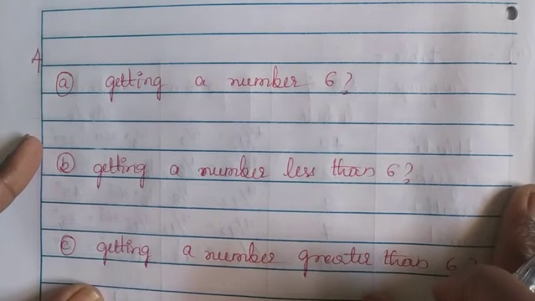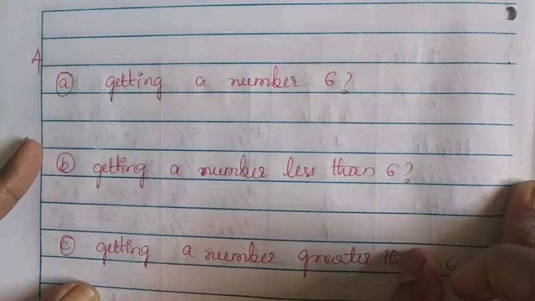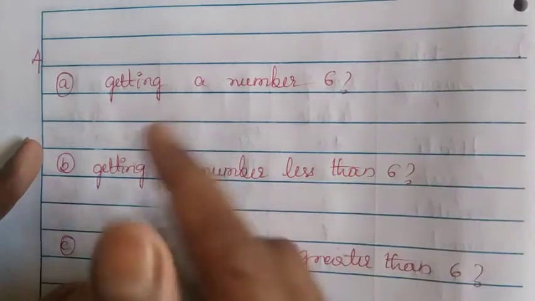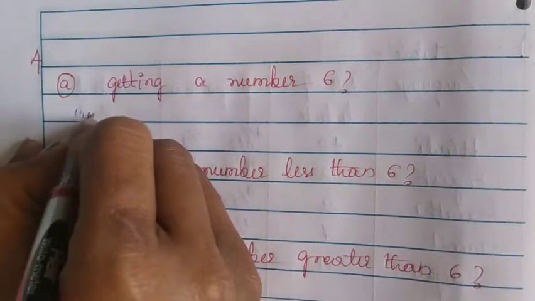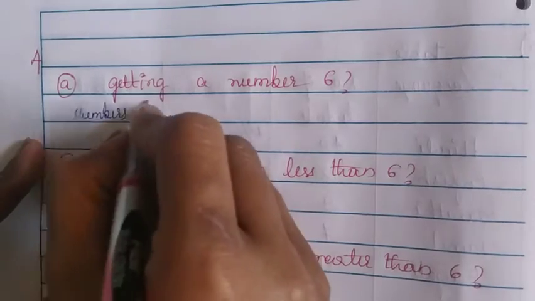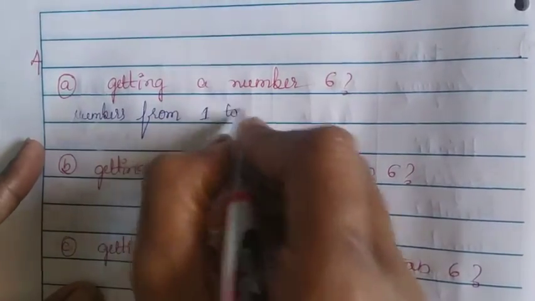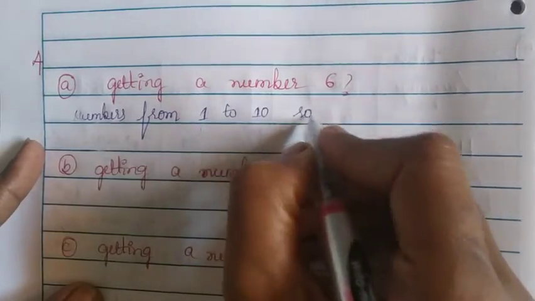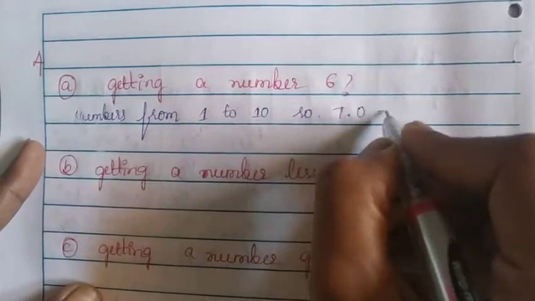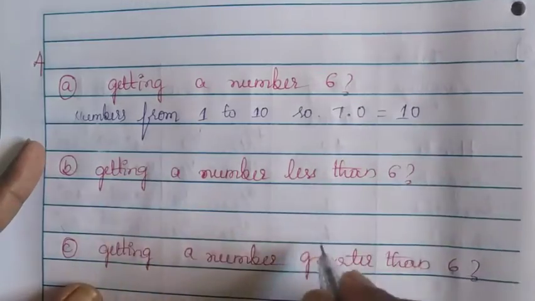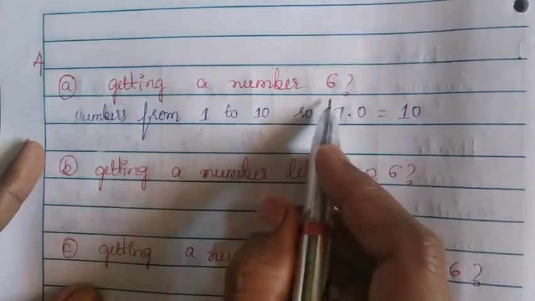Yes, solution for that question: now let us write first, numbers from 1 to 10. So total outcomes are how much? 10. Getting a number 6.